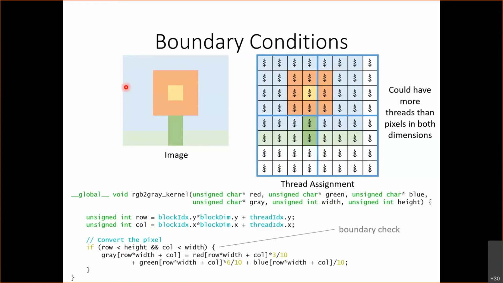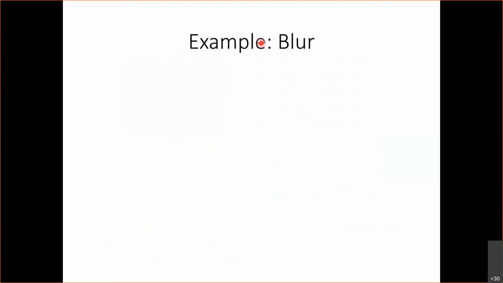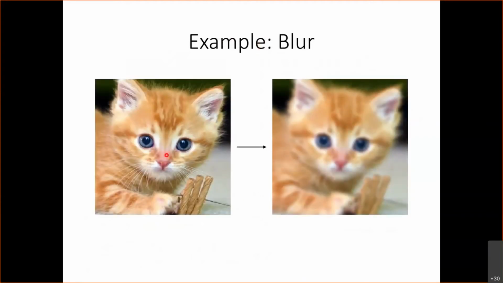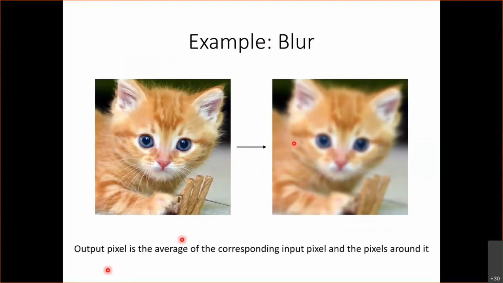Okay, so let's now do a different example. So now let's do image blur. Let's say I had this image and I wanted to blur this image. So how do we blur an image? Well, one way to blur an image is for the output pixel to be calculated as the average of the corresponding input pixel and the pixels around it.